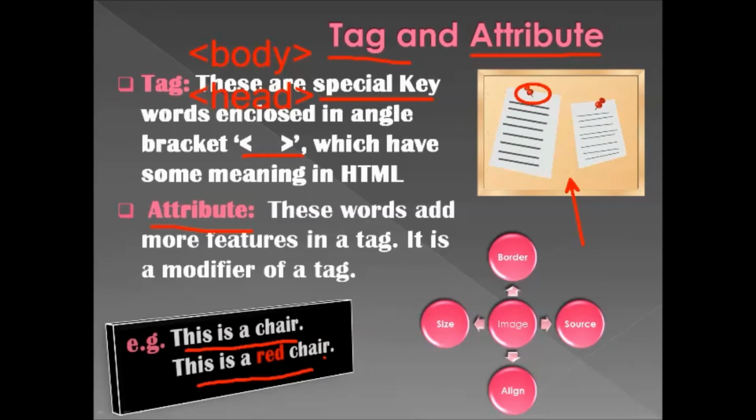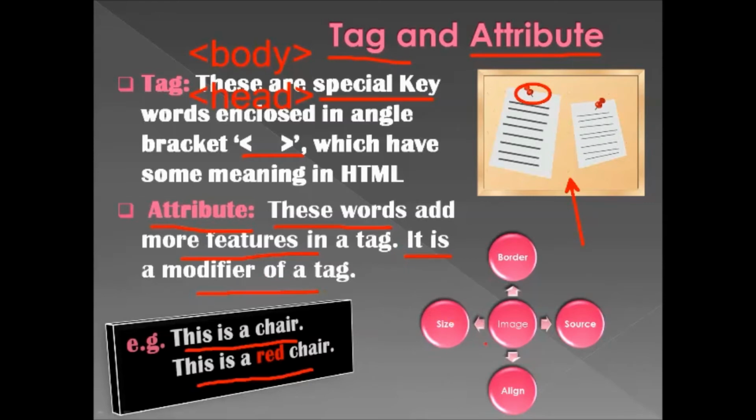So anything that gives us extra information, extra knowledge of a tag or any article is called an attribute. Okay, see here the definition. These words add more features to a tag. It is a modifier of a tag.